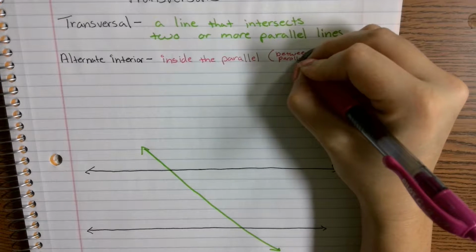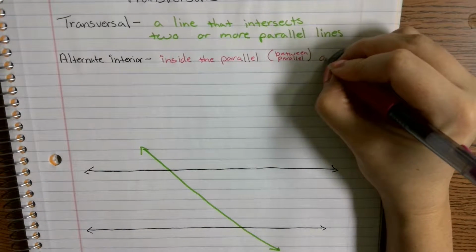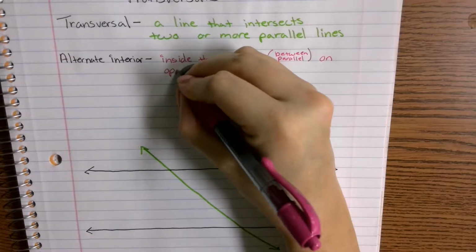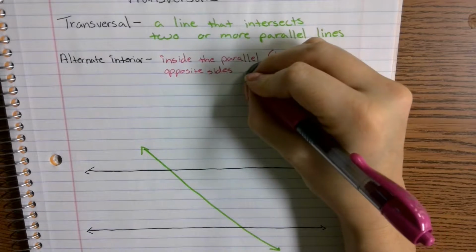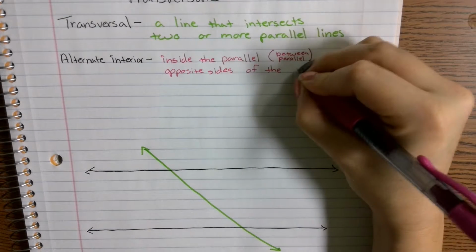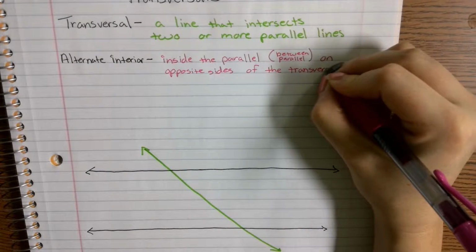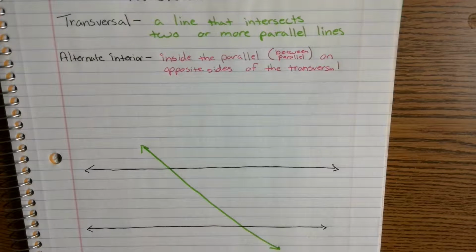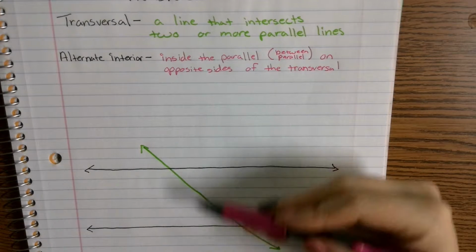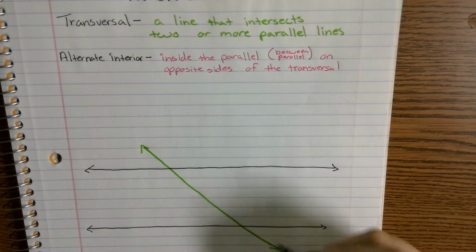It's in between the parallel lines, and that it's on opposite sides of the transversal. So your alternate interior, they're in between your parallel lines, and they take place on opposite sides of your transversal.